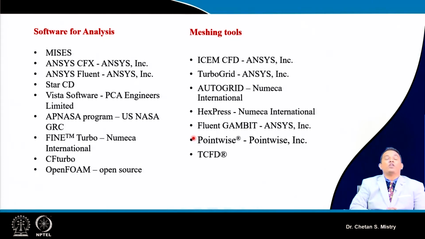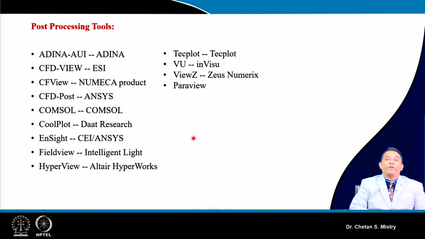At the same time, in order to do discretization, that is meshing, we have ICEM CFD, TurboGrid, AutoGrid, HexPress, maybe Fluent Gambit, Pointwise, TCFD. These are different software packages available. You can use one of the tools for discretization of the domain. Now, very important is what we are doing in terms of simulation and what results we are getting; that is called post-processing.